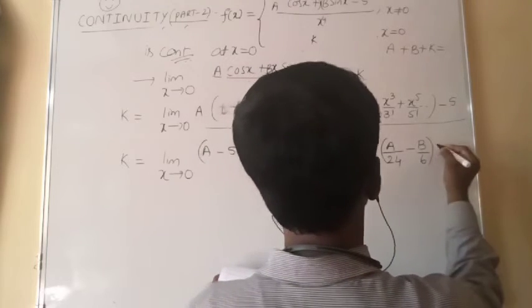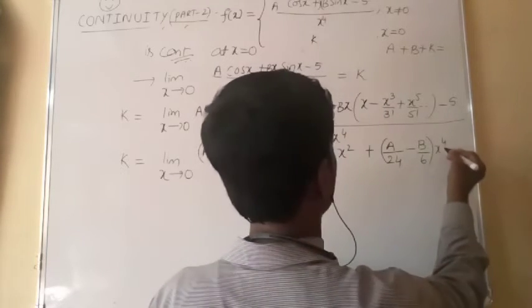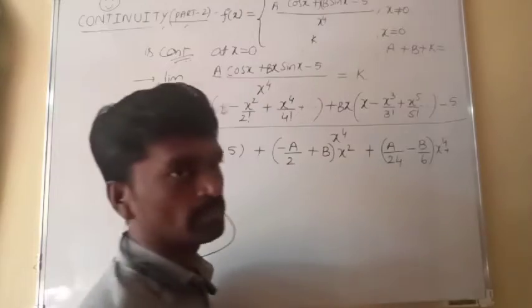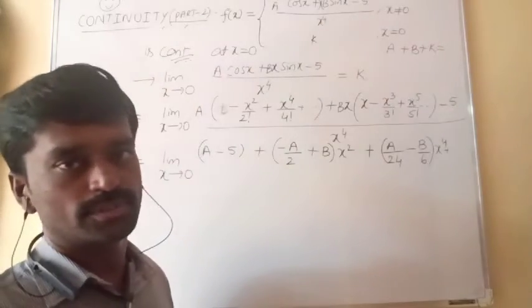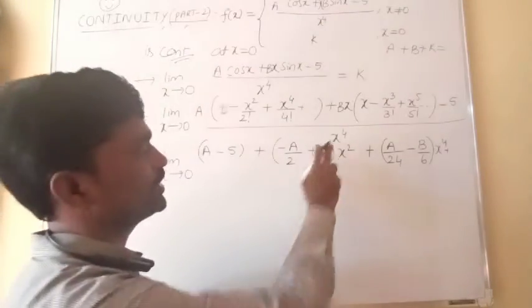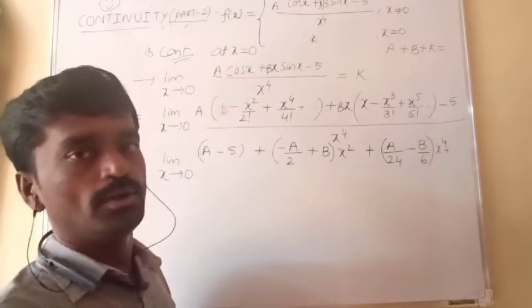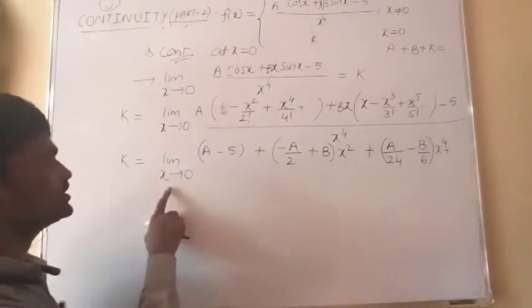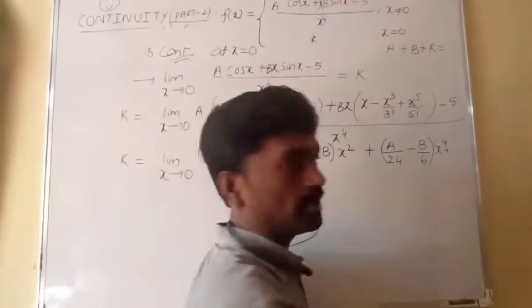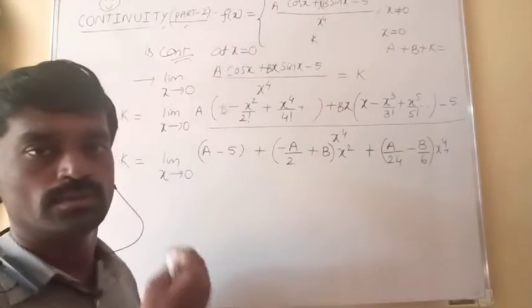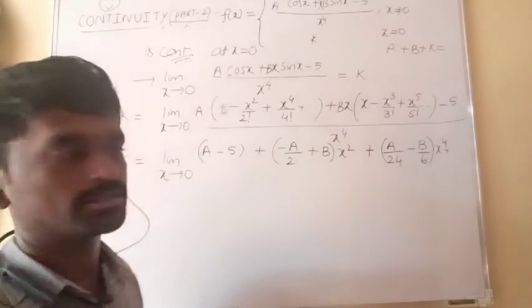In both terms x power 4 is common, and the remaining terms you can neglect, because in the remaining terms you will get x power 6, and dividing by x power 4, what you will get? x square. But as x tends to 0, x square tends to 0. So those remaining terms you can neglect.